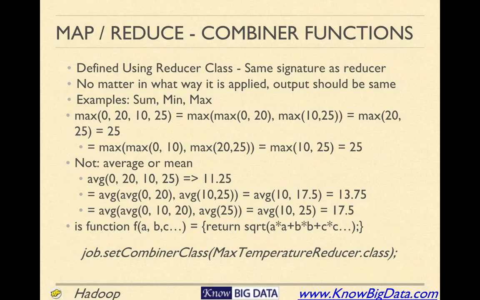Whether we compute the max of the first two values and then compare the result with the third and then the fourth, or we find the max of the last three and then compare that with the first, no matter where you put the brackets, no matter how many values you churn at a time, in what order, if the result is the same, then that problem is suitable for a combiner.